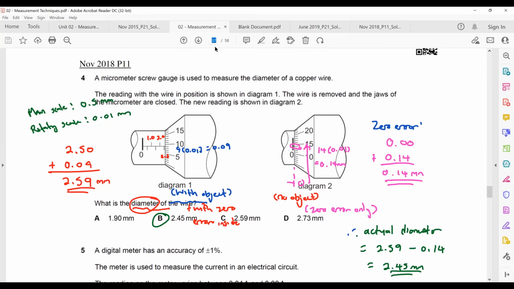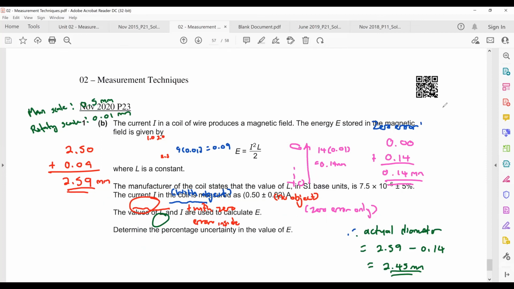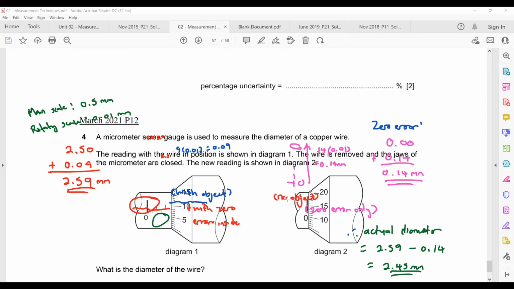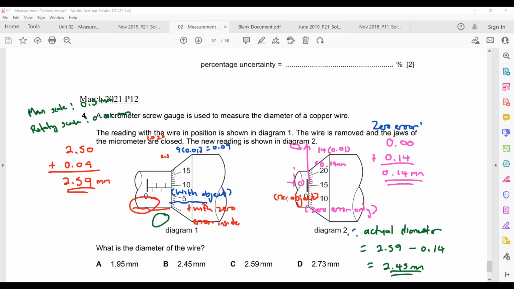When it comes to other micrometer screw gauge reading, there's only two questions in your worksheet that have it. Page 57 is actually the same question.